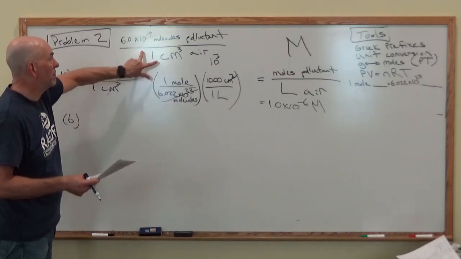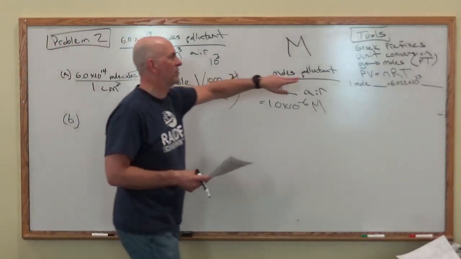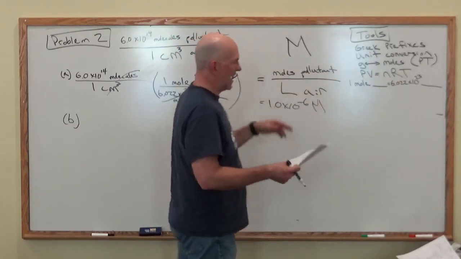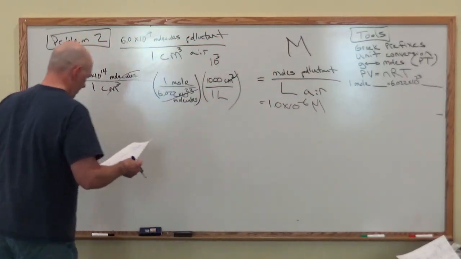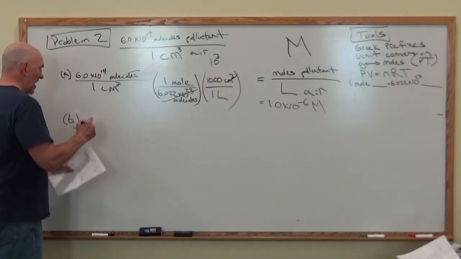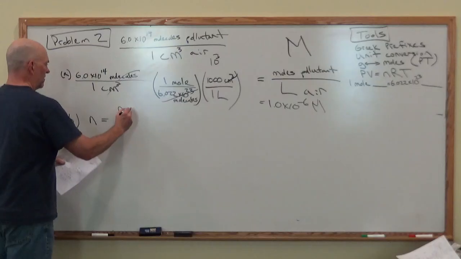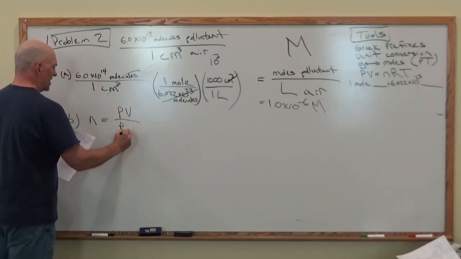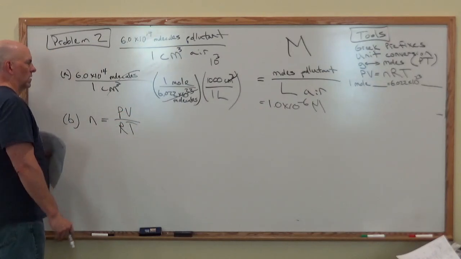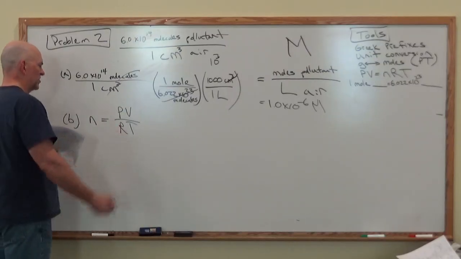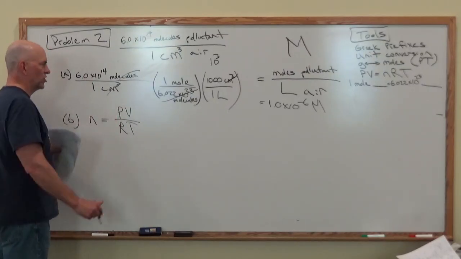Okay, so to go from a volume to molecules, we have to use PV equals nRT and Avogadro's number. So the ideal gas equation will give us moles, no problem. PV over RT, piece of cake. P is 1 atmosphere, T is 298, R is 0.08206.